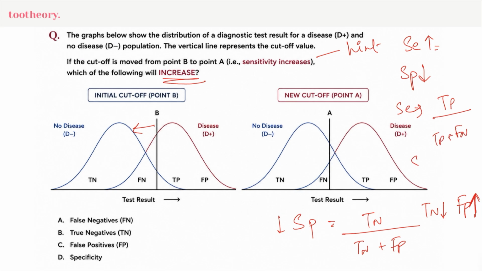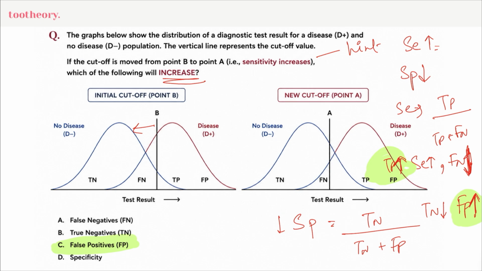So if the sensitivity is increasing, the false negatives will decrease and the true positives will increase. So we have two values that are increasing, the true positives and the false positives, but thankfully we only have false positives in our answer choices, so C will be the answer.